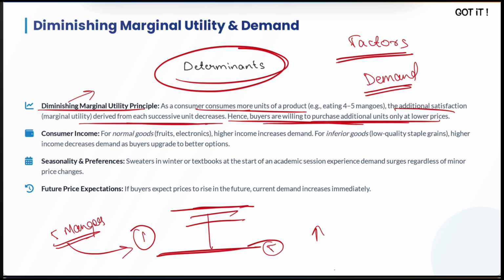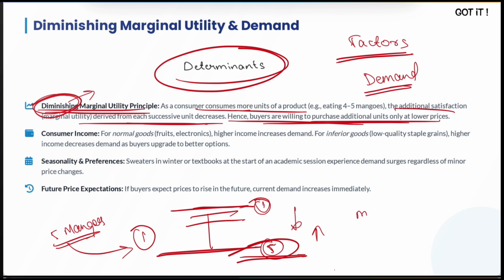You won't have the satisfaction which you had when eating the first mango. That is the diminishing marginal utility principle: the satisfaction you get from the first one will not be the same as from the fifth one. It will be diminishing. So when you have to purchase additional units, you will always prefer to purchase them at lower prices, right?